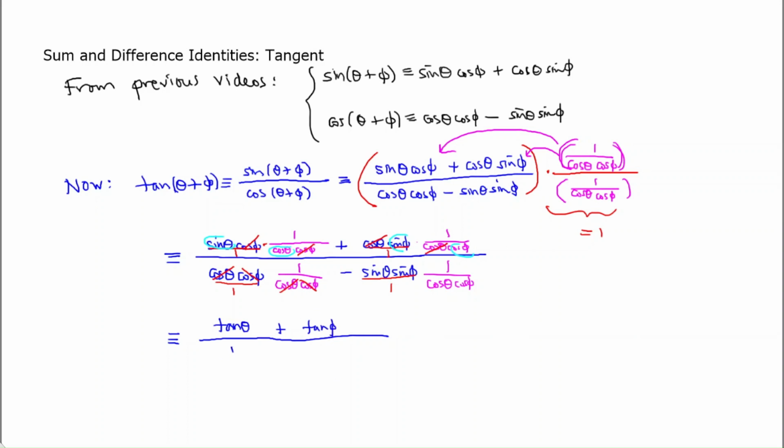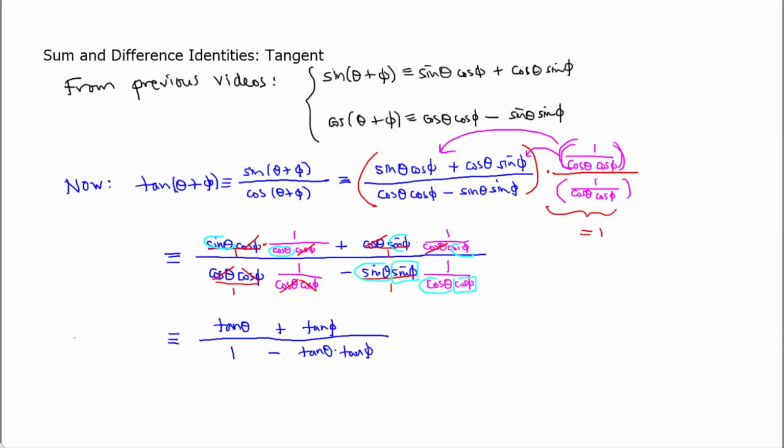First term of the denominator is just going to be a 1. Everything is canceled. And then the second term in the denominator, I'll actually have both tangent theta and tangent phi, that is the product, when I recognize the sine theta over cosine theta and sine phi over cosine phi.